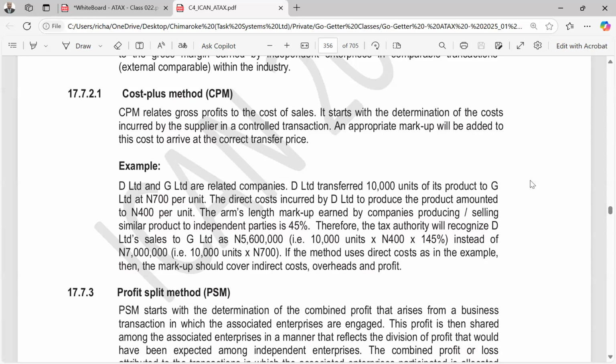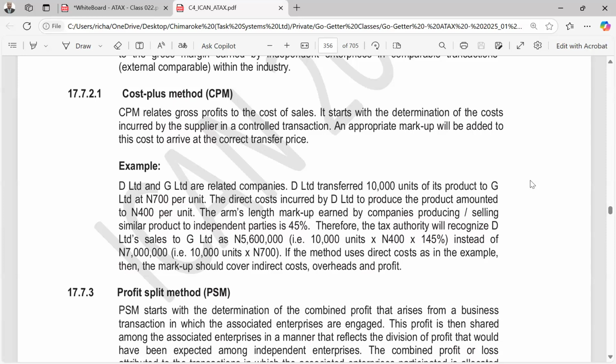D transferred 110,000 units of its product to G at 700 naira per unit. That means the direct cost incurred by D to produce the same product is 400 naira per unit. Now, the arm's length markup earned by companies producing and selling similar products to independent parties is 45%.